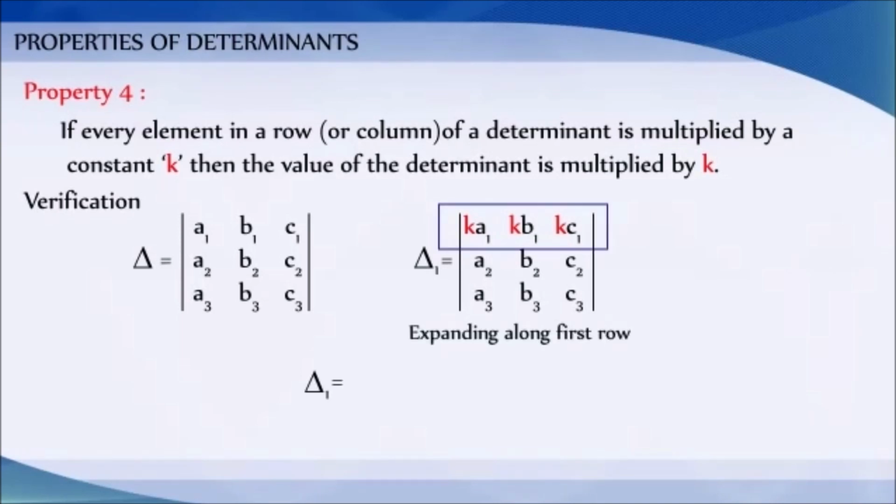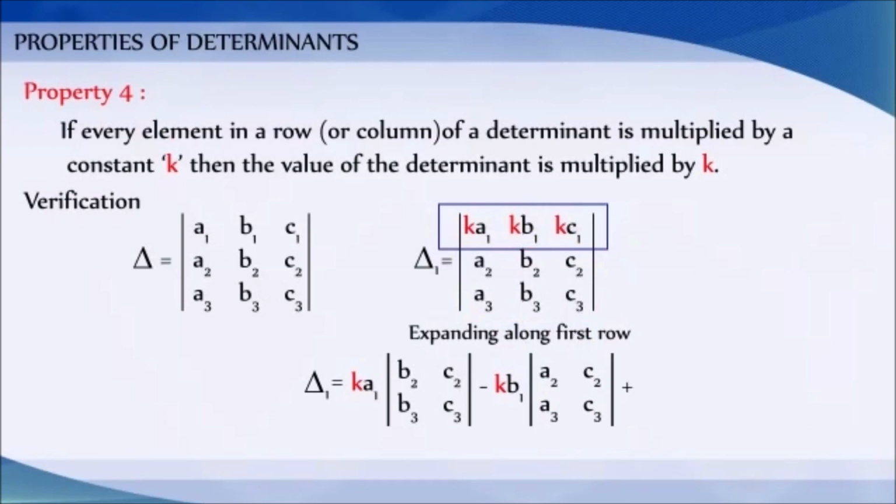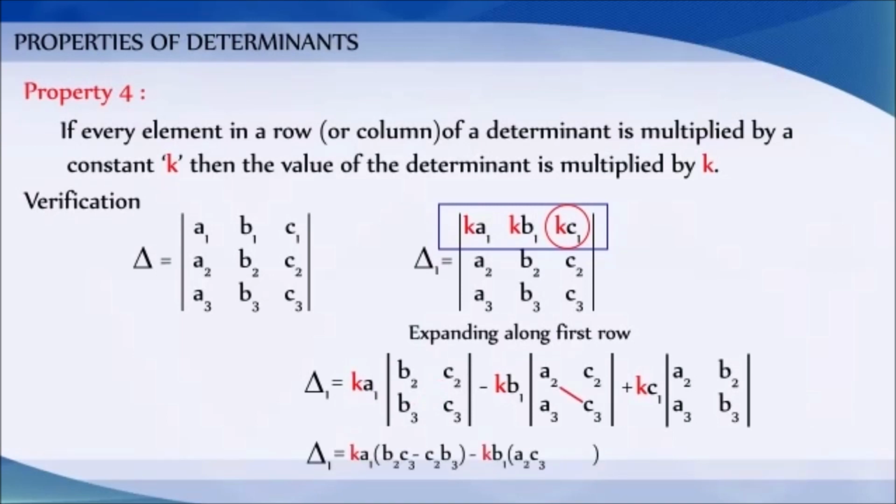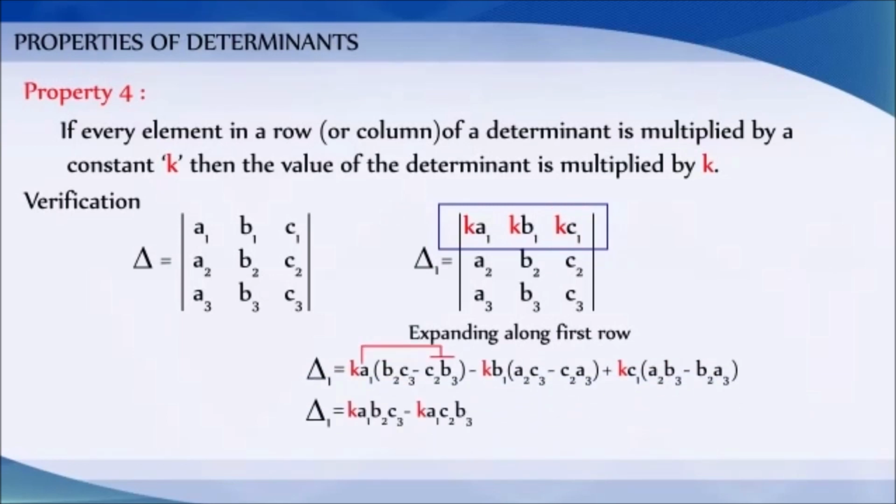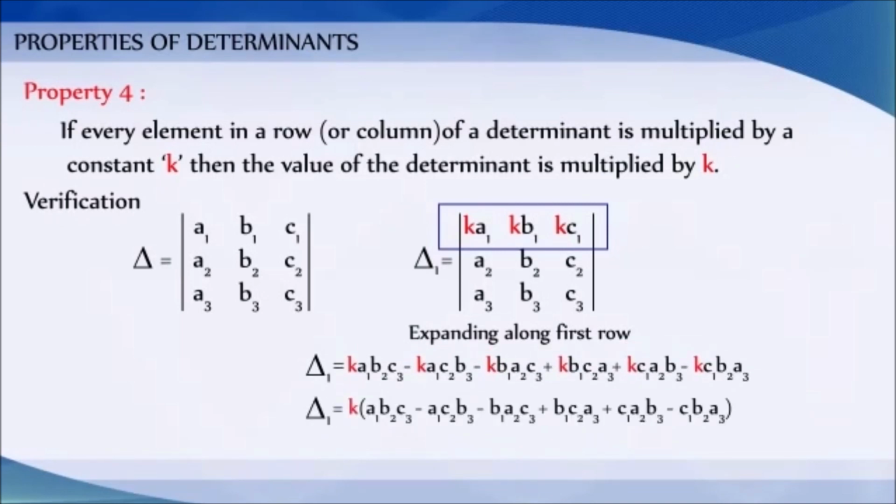Expanding this determinant along the first row, we get the determinant value of delta 1 as k times delta.